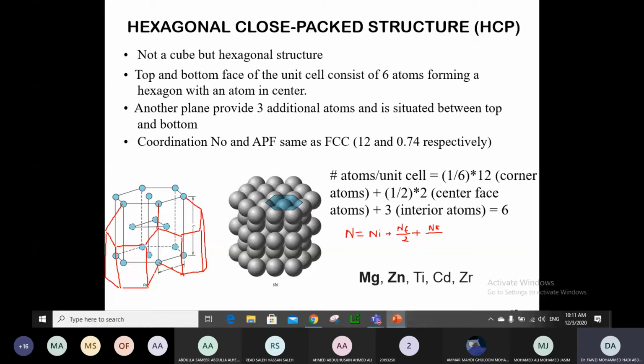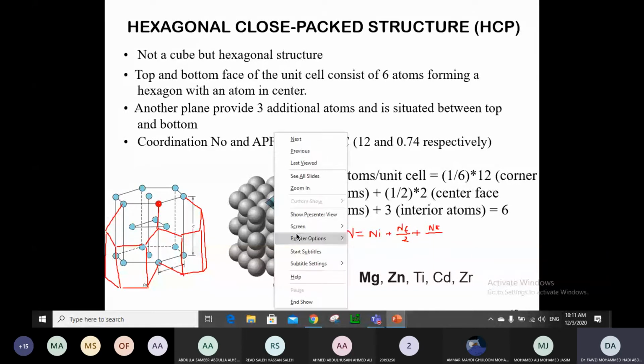Okay, so we have another unit cell. As you could see there, this is one unit cell, this is another unit cell, and this is a third unit cell. If we look at this atom now, how many unit cells are sharing this atom?